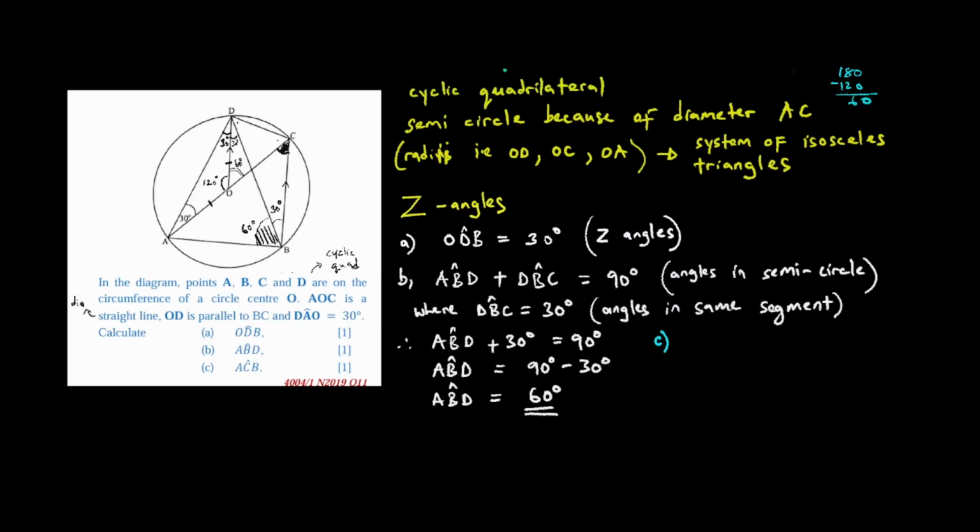There are two forms of z angles, and the first z we used was this one, while here we are using the other set. So our answer is ACB is going to be 60 degrees.